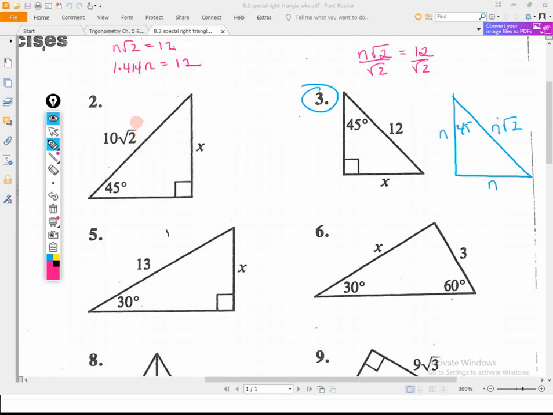Does that make sense? Now, it's not exact, because I rounded this number, so when I solve for n, when I divide here by 1.414, that's going to give me my value of n, okay? But because 1.414 was rounded, there's going to be a degree of inaccuracy with what n really is, okay?